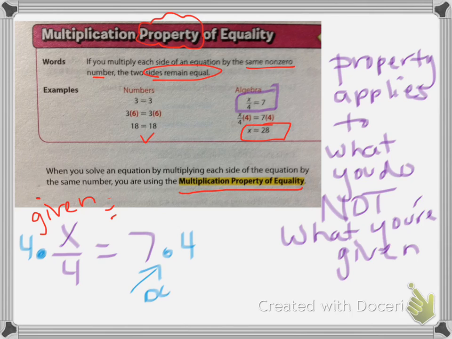So that's what you do, multiply by 4. Okay, so therefore, if I'm asking you on a vocabulary test or to justify some sort of information on a test question, and I say which property applies here, you would say that the multiplication property of equality is what's being used here to solve the equation. It's not the division property of equality.